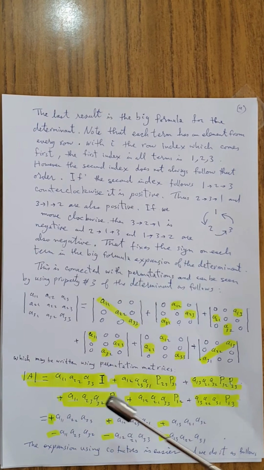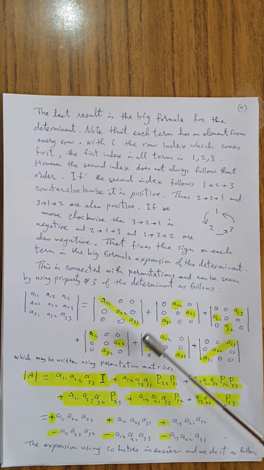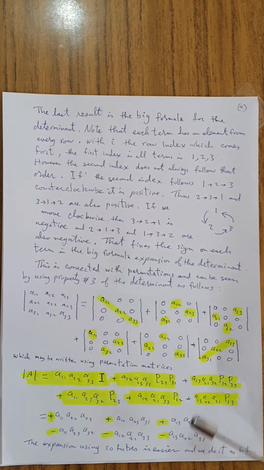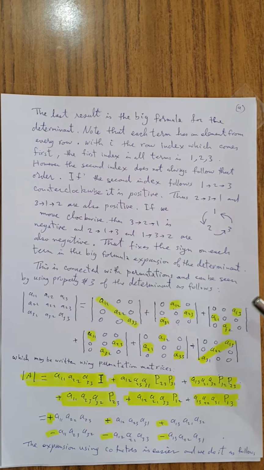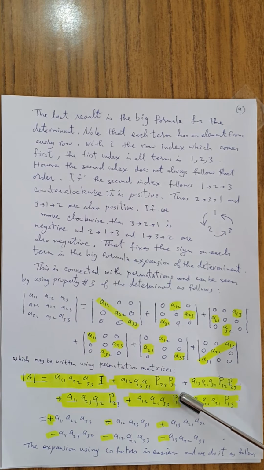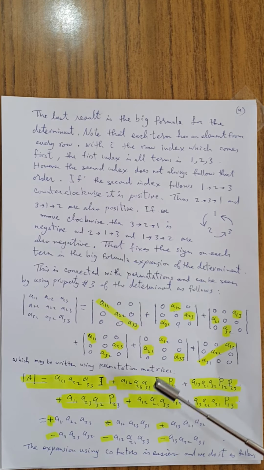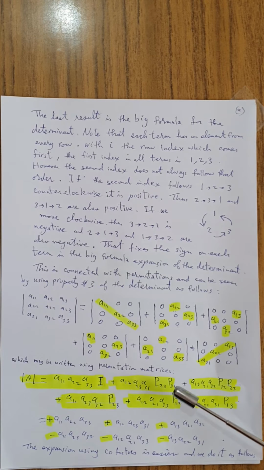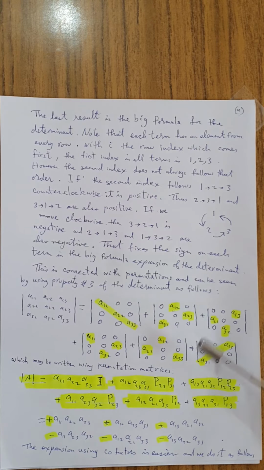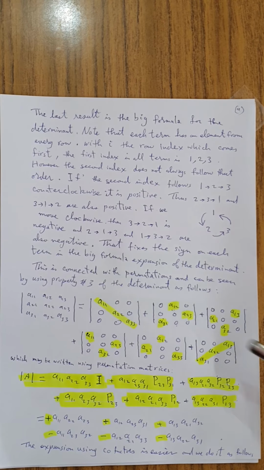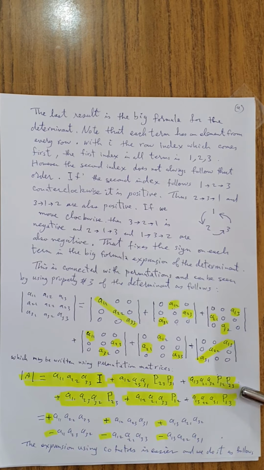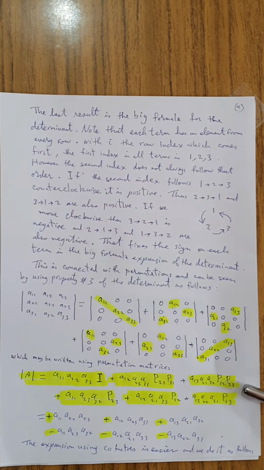So the first one is A11 A22 A33 times the identity matrix. But the second one has 2 row exchanges. It's A12 A23 A31 times P23 and P31. And the third one also has 2 row exchanges.